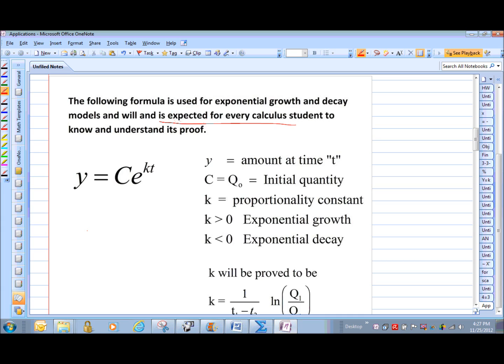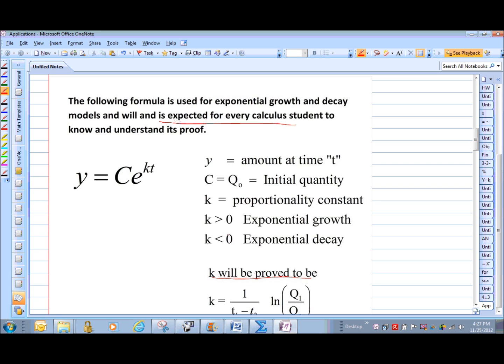E, of course, is our constant, which we can approximate at 2.72, but actually you'll use the calculator for these problems. K is our proportionality constant, sort of in place of our B. There's a little formula or proof that we're going to look at for K. And T is time again.